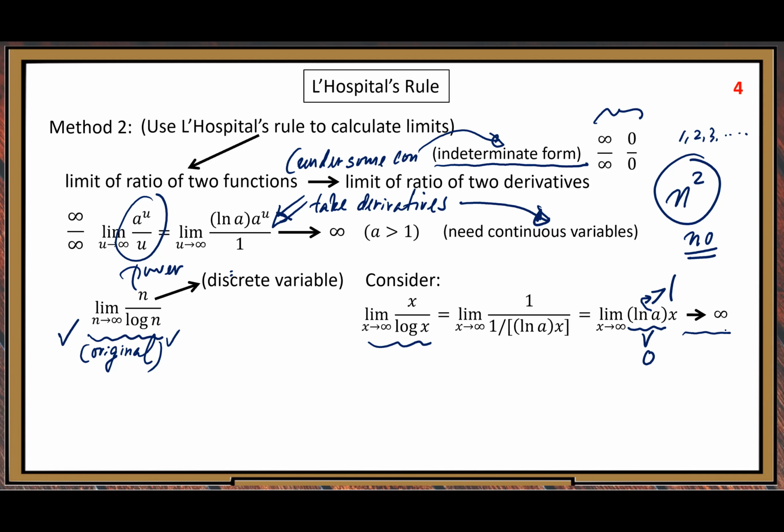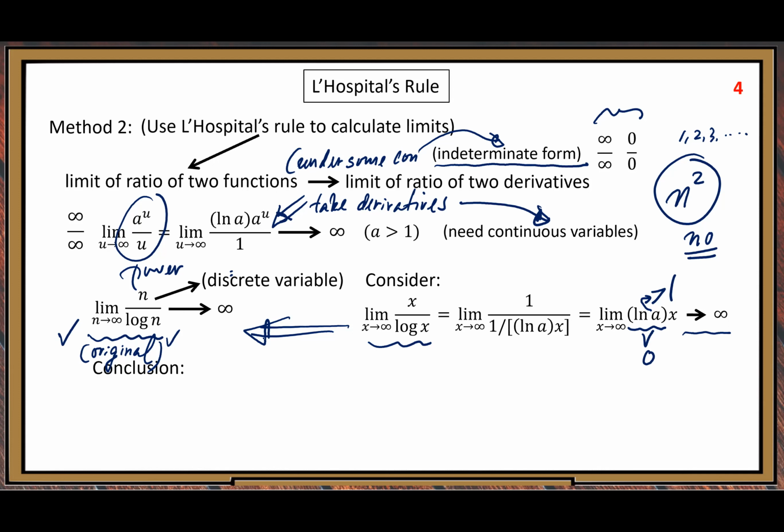Can we go back from the x expression to the n expression? That expression is different from our original expression, so we need to go back. But when we go back, we can get a conclusion: our original limit is also infinity. Can you see the bridge, the difference, from the x form limit back to the n form limit?